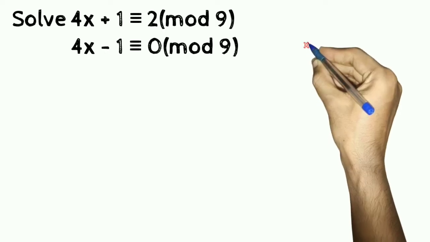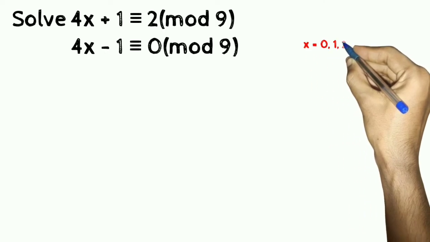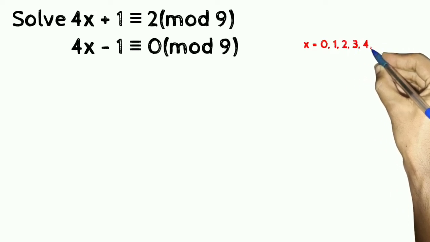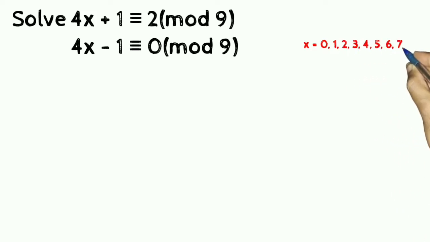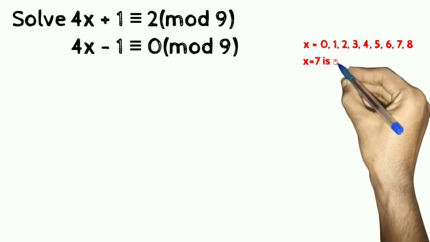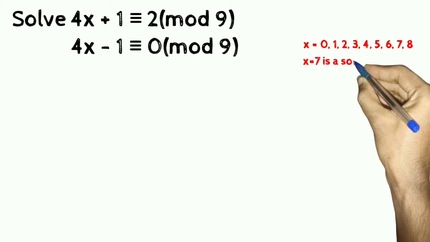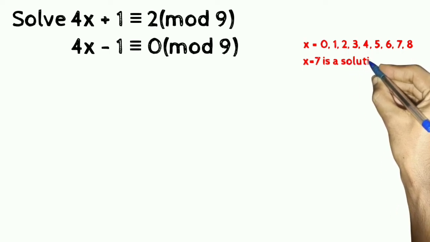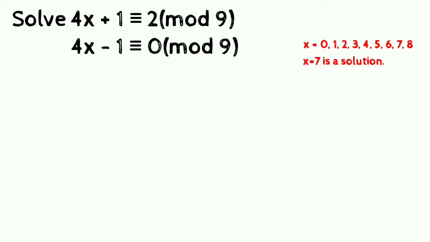So we will try x is equal to 0, 1, 2, 3, 4, 5, 6, 7, 8. Hanggang 8 lang since the number before 9 is 8. And always start with 0. By trying x is equal to 0, 1, 2, 3, 4, 5, 6, 7, and 8, it can be seen that x is equal to 7 is a solution.